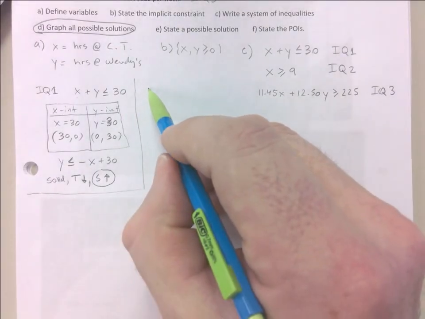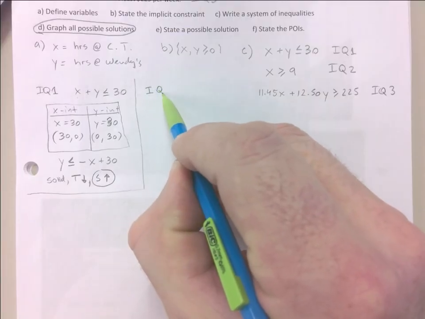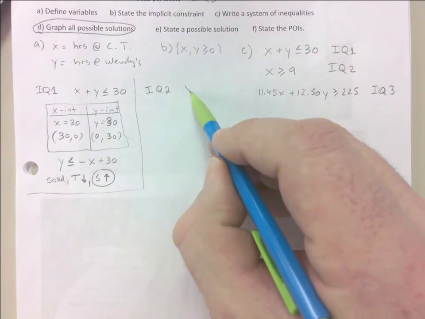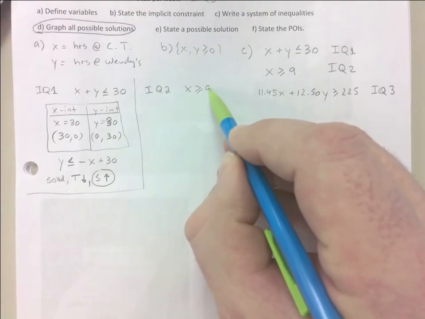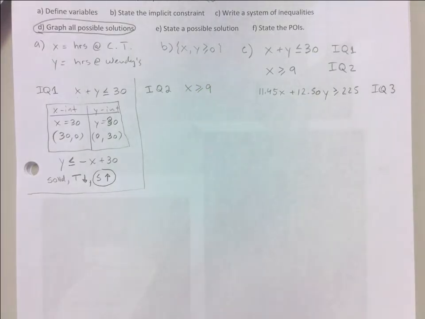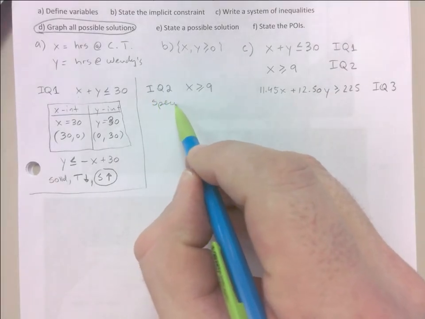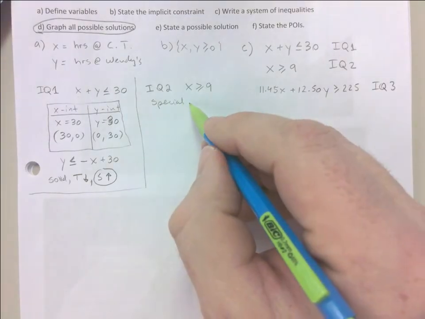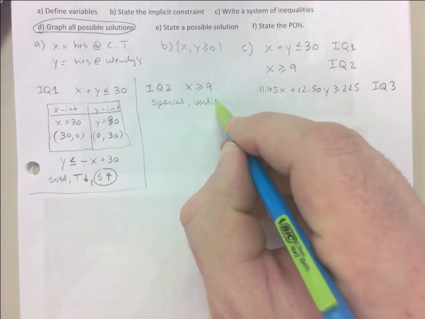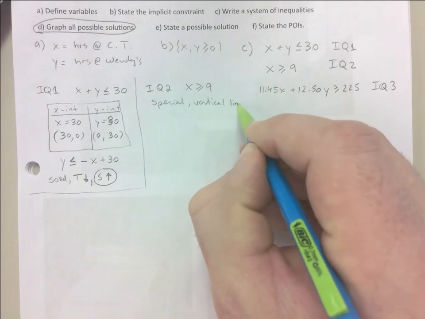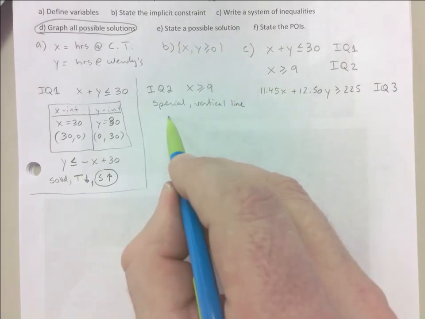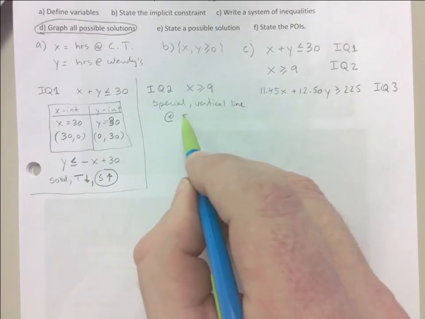Now let's do inequality number 2. X is greater than or equal to 9. This is a special case. Vertical boundary line at 9, 0.